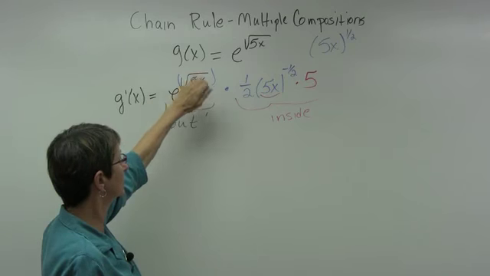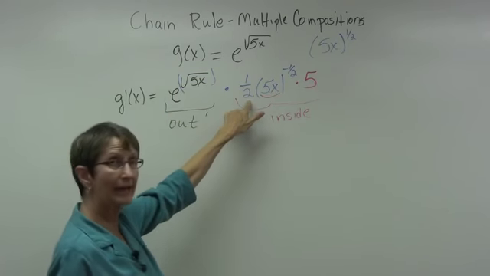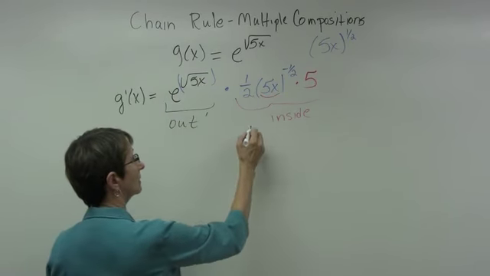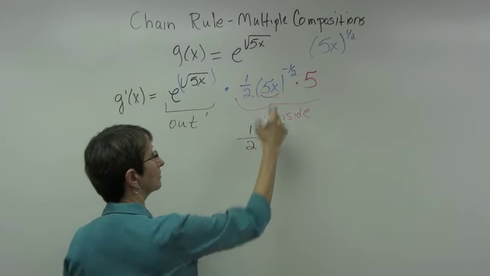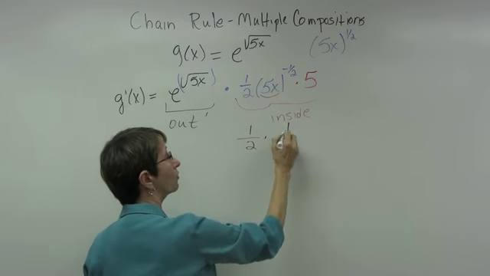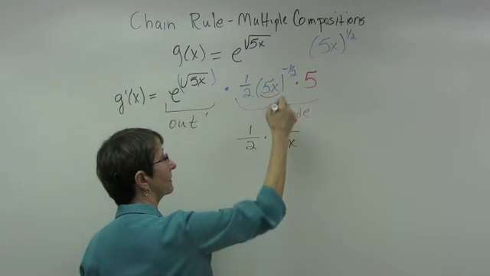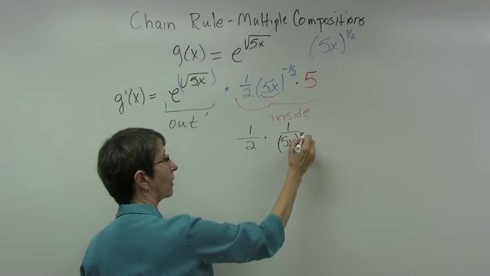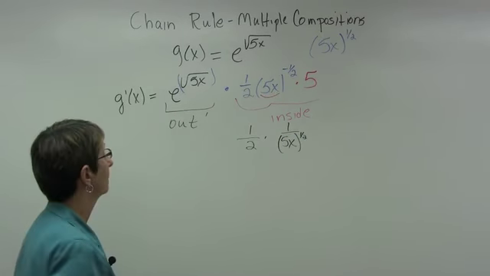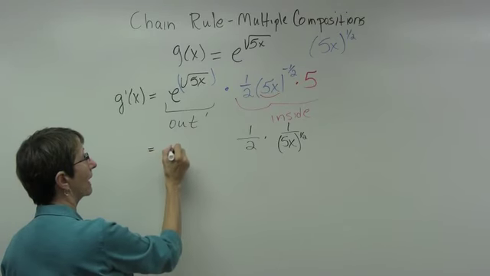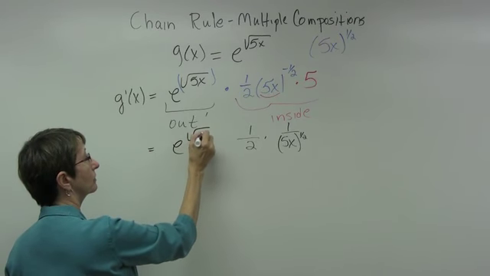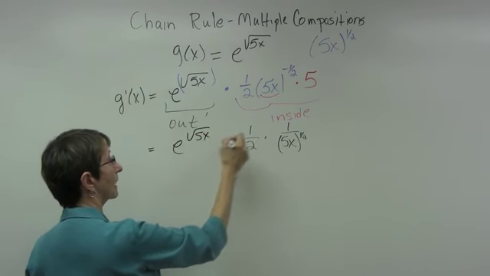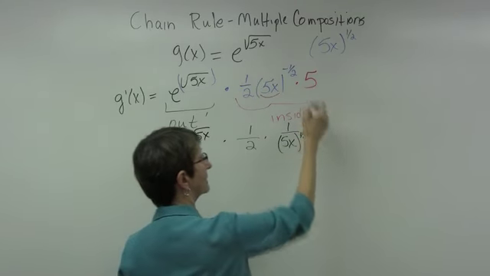Took the outer derivative, my inside, my 1/2, multiplied by 1 over that whole 5x, which is now to the 1/2. Watch for parentheses. So let's see what I have here. e to the square root of 5x multiplied by 1/2 times 1 over that times 5.